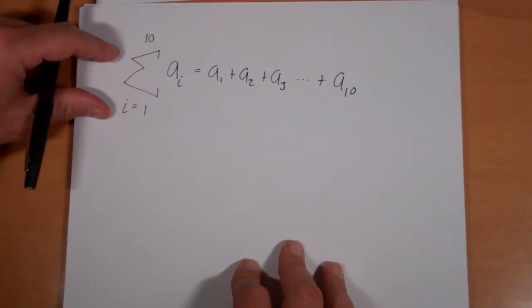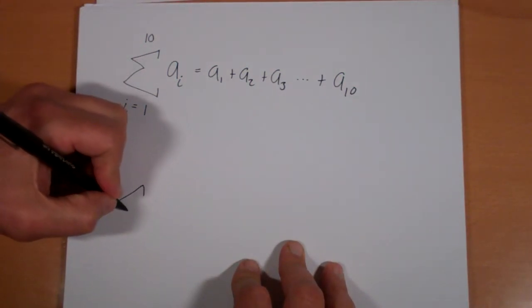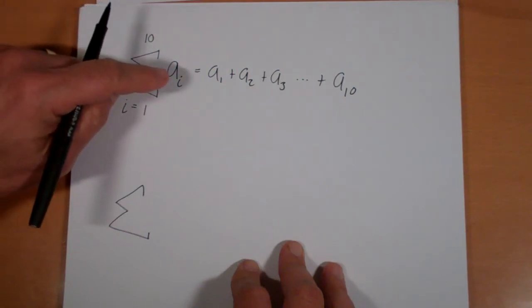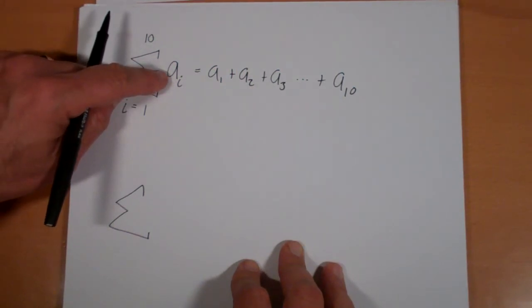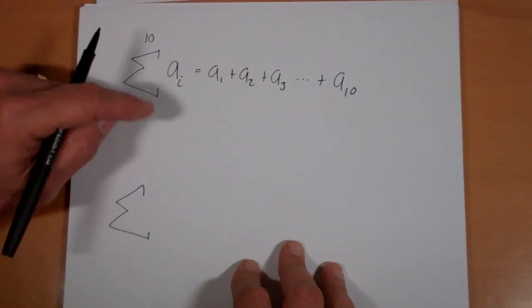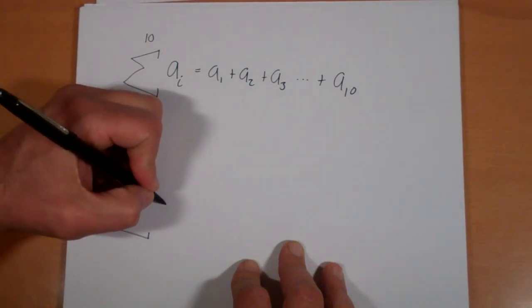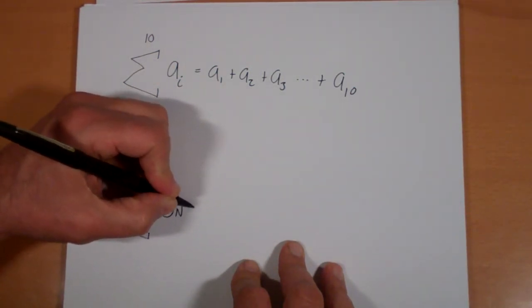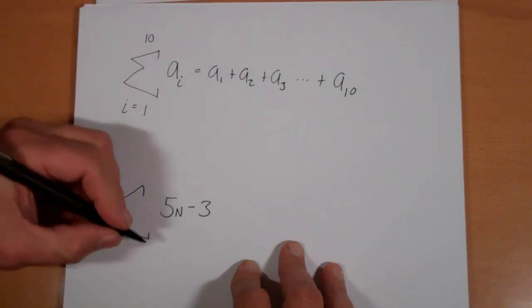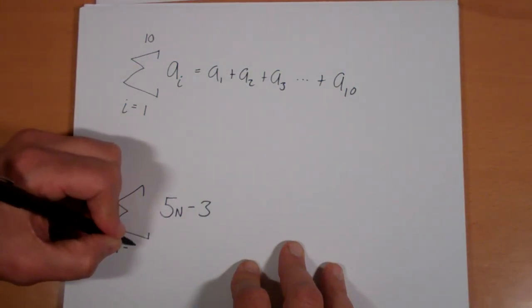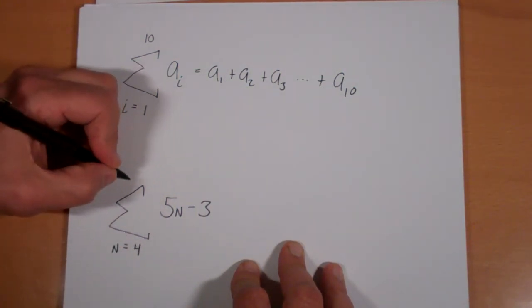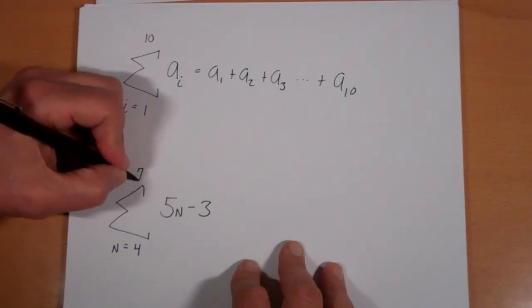That's one common sum. The other common sum is when you're not given a particular sequence, but you're given some type of formula. Let's say 5n minus 3, n equal to 4 to 7.